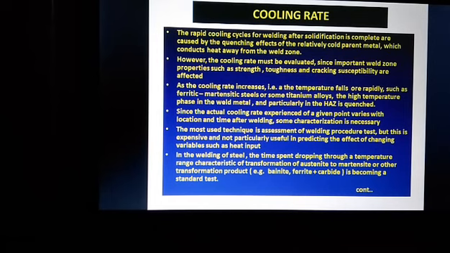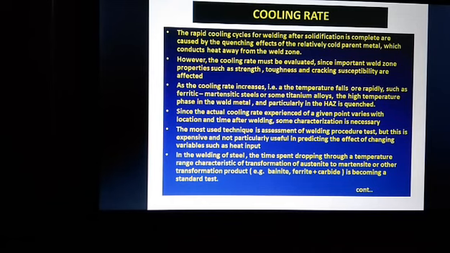Since the actual cooling rate experienced at a given point varies with location and time after welding, some characterization is necessary. The most used technique is assessment by welding procedure test, but this is expensive and not particularly useful in predicting the effect of changing variables such as heat input.